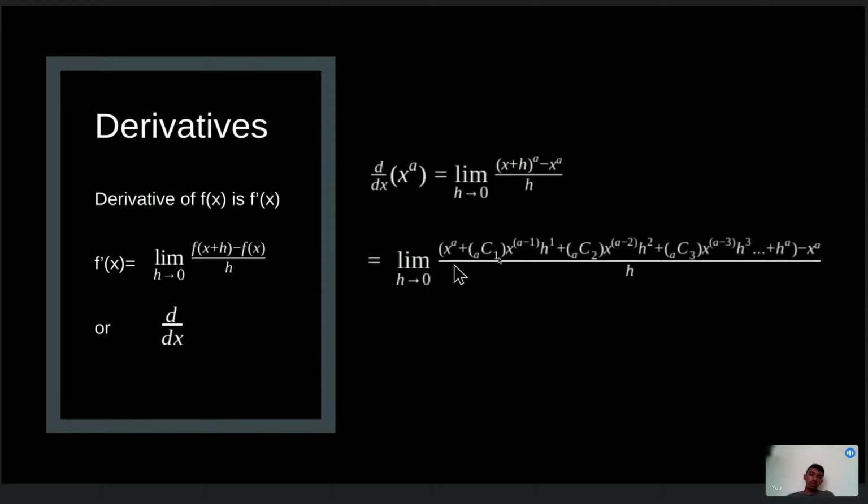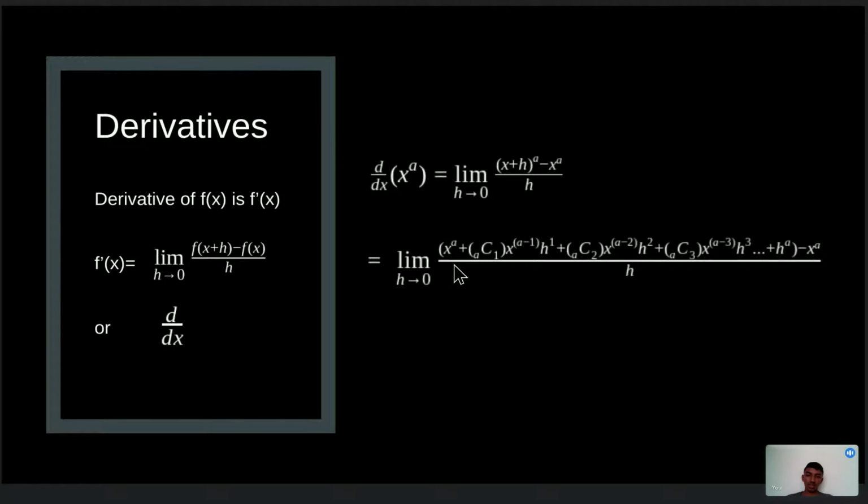So if you don't know what binomial expansion is, I will be making a video on that soon. But what it is, is just taking different combinations of numbers and combining them all together.